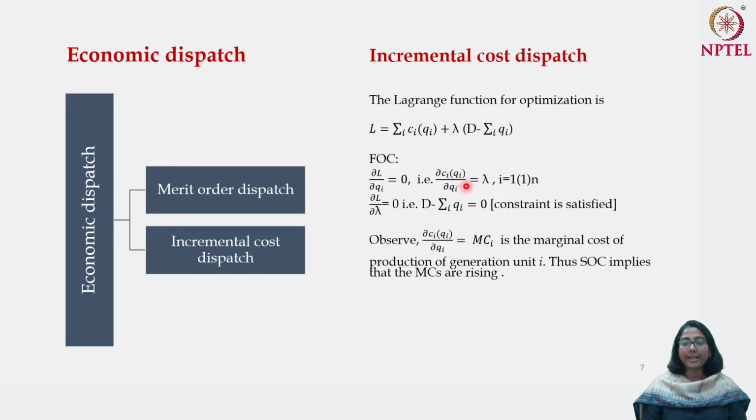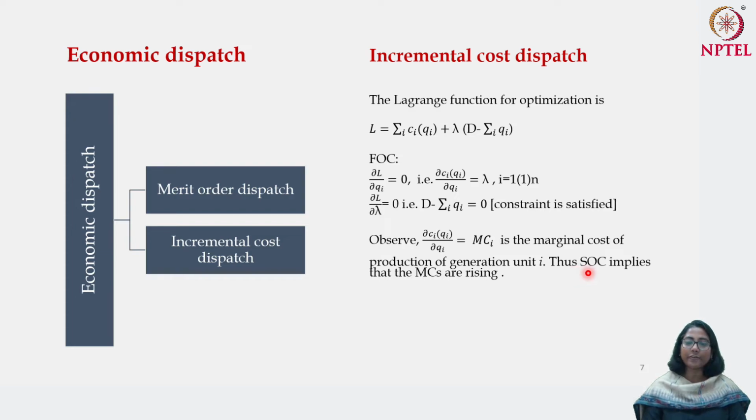Now observe, when I write del Ci(Qi) del Qi, what is this? This is the increase in the cost of production for the ith generation unit for a 1 unit increase in production. So this is basically the marginal cost of the ith generation unit or production unit.